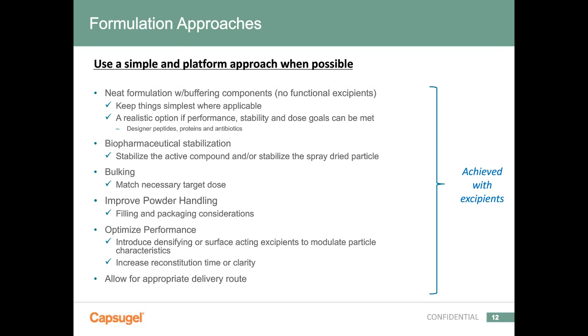Then, of course, performance, which is a big thing across the board. We can introduce densifying agents, surface acting agents, modulation of particle characteristics. In some situations, you can make things that are a little more porous, dimpled, or spherical. And a lot of times, the excipients themselves will help define what that rate will be.